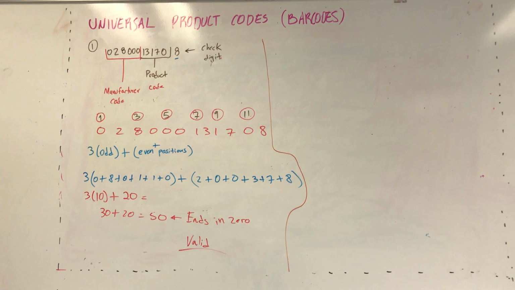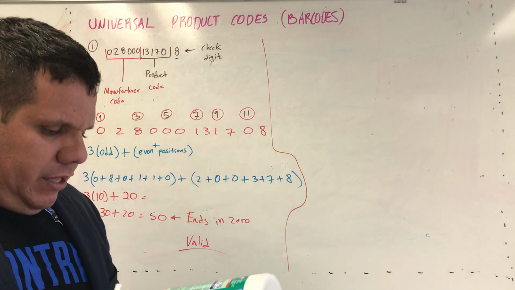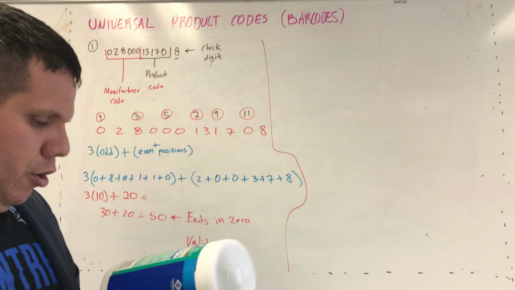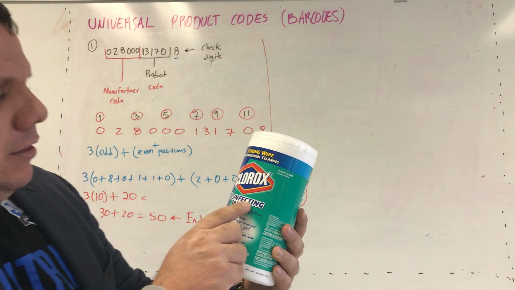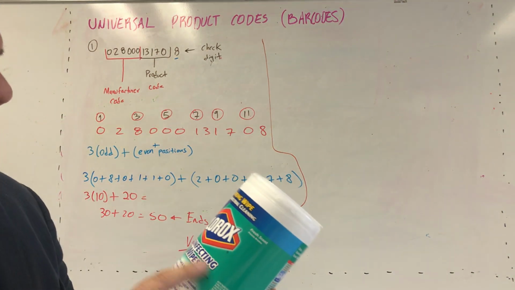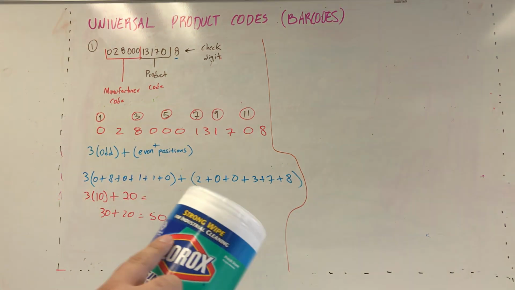All right, the other thing that I need to do is to get the check digit. For that, I have this product, the disinfecting wipes, Clorox.